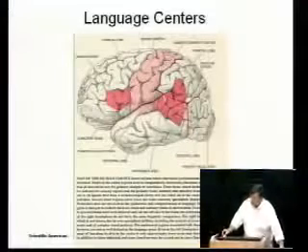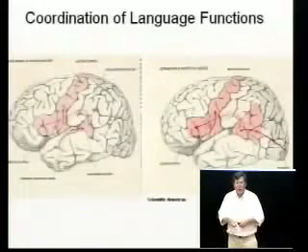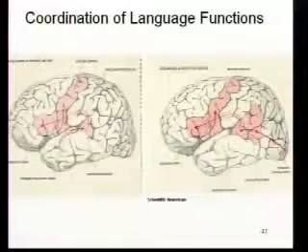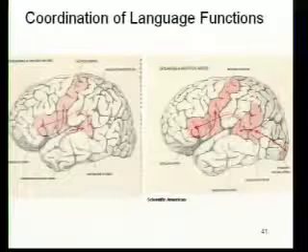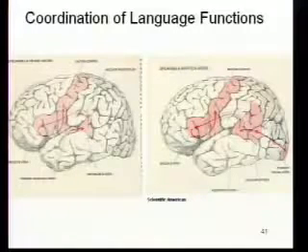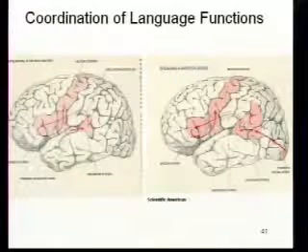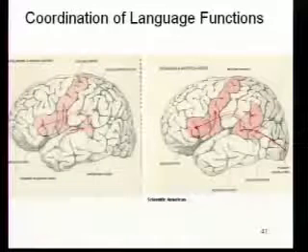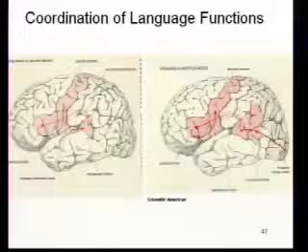In fact, if you look at it from a somewhat broader perspective, you can see that speech and language functions actually require the coordination of a number of different centers. Here are the pathways, for example, that are involved in speaking a word that is spoken to the patient. First, the word has to be received by the primary auditory area.